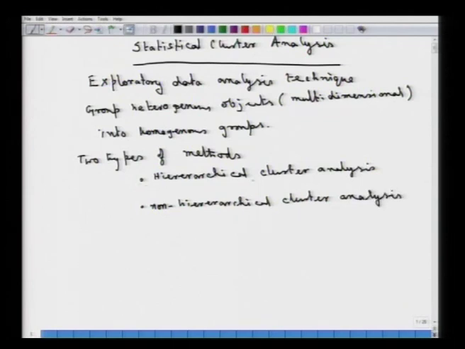In the first group of methods, which we term hierarchical cluster analysis, the clusters have an inherent hierarchical structure in the formation and in the interpretation of the clusters.